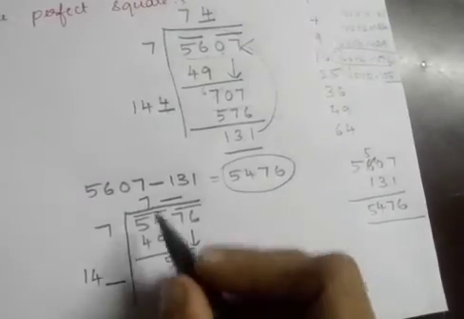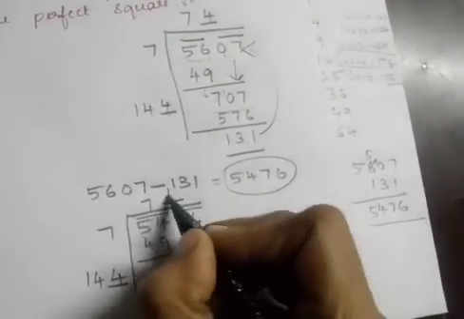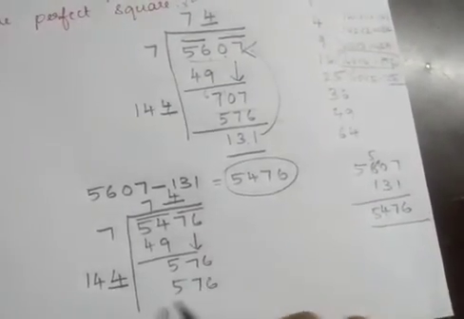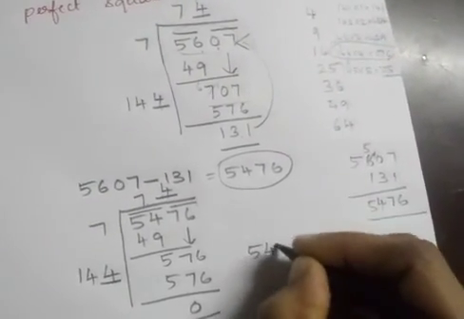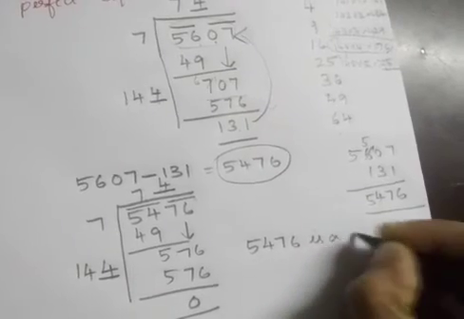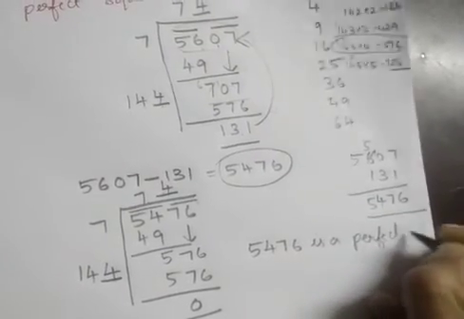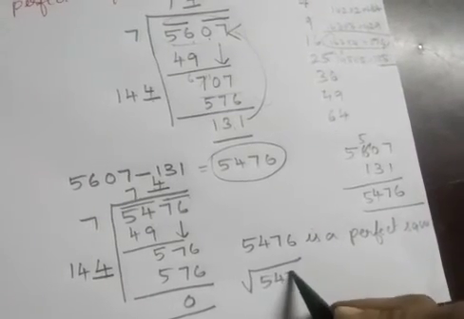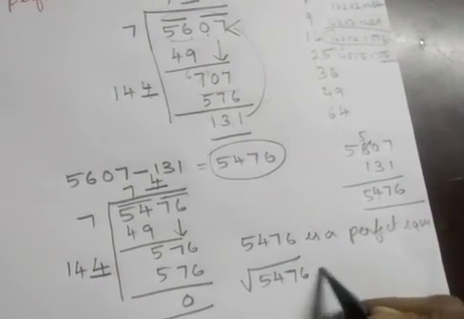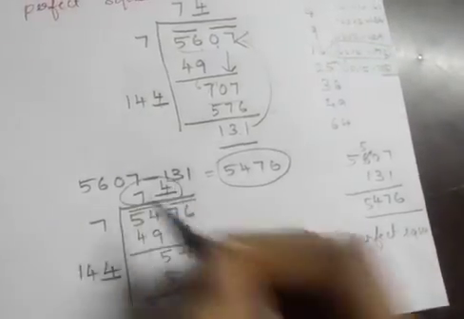So here some number should come. 144 into 4 is 576. We are getting remainder 0. So obviously 5476 is a perfect square. What is the square root of 5476? 74. Yes, we got it here, right?